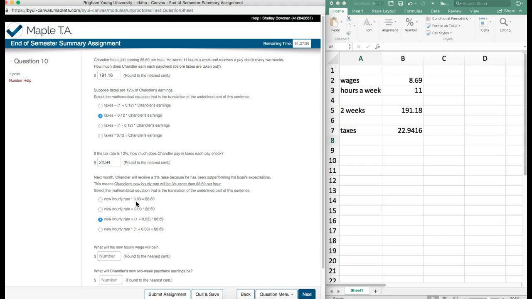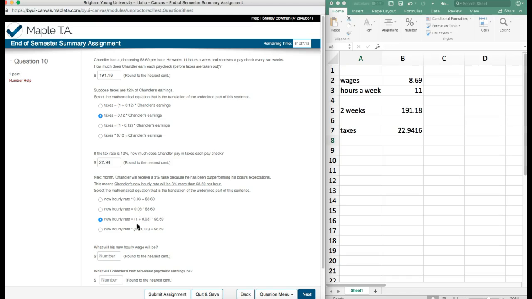This one is new hourly rate times 0.3. That doesn't help me because this says the hourly rate equals, or will be, or are, or is. All of those are a translation of the equal sign. So that only leaves me these two options, and this doesn't quite get me there because I still have what he makes, the $8.69, plus the additional 3%.